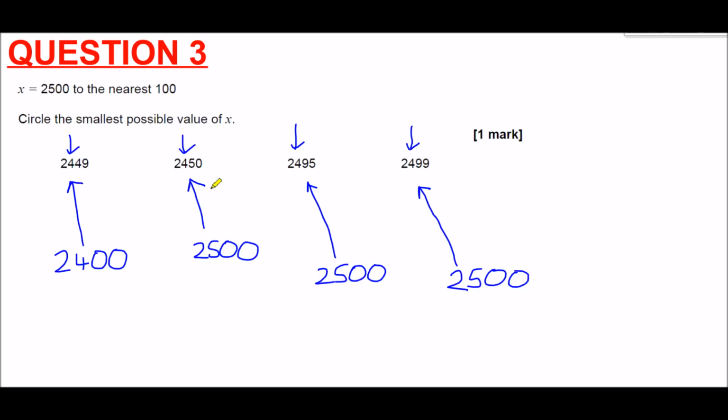Since these last three would all round up to 2,500, we just need to pick the smallest one of these three. That's the biggest, that's the second biggest, but this is the smallest of the three that would round up to 2,500. And so the one we need to be circling is this value here, 2,450.